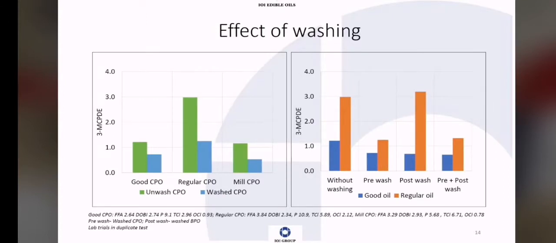And the final one is we did both pre and post-washing. Now, if you look at the good oil, in all cases, it kept reducing. So without washing, it was already good MCPDE levels. If we did a pre-wash, pre-bleaching wash, we got lower. If we did a post-wash, separately, without doing pre-wash, we actually got lower as well. And if we did a pre and post-wash, it was even lower still.